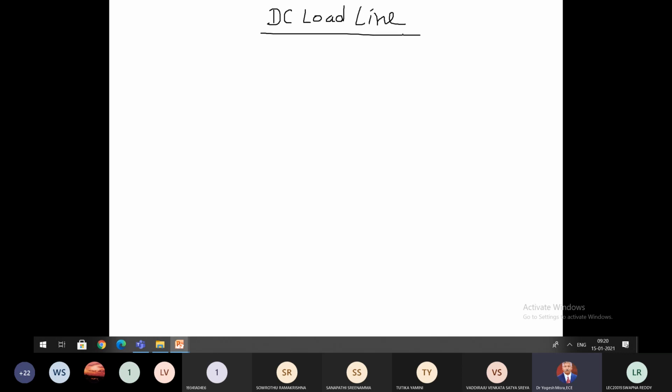DC load line. Okay. So this we will see, and we will keep our discussion by using common emitter configuration.